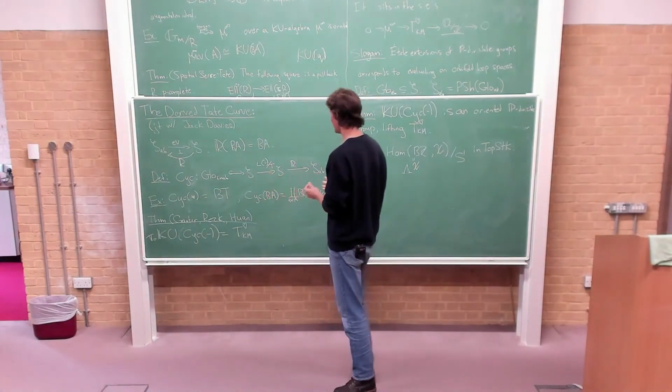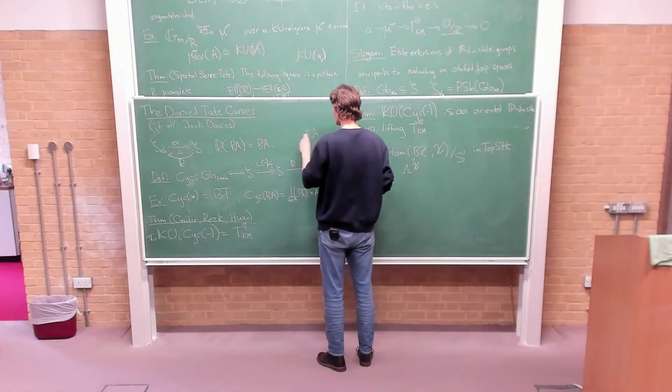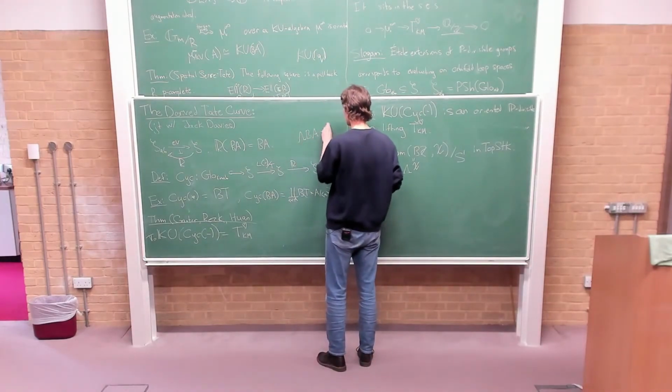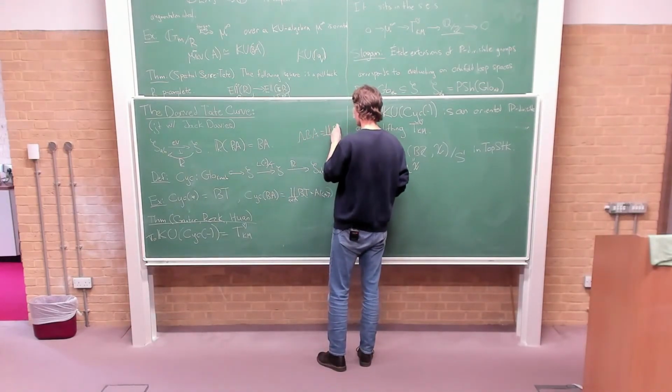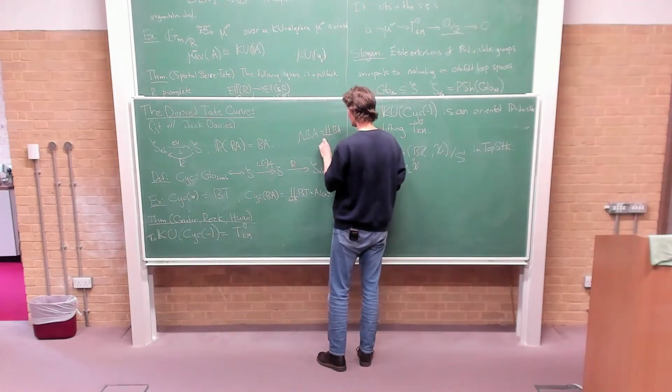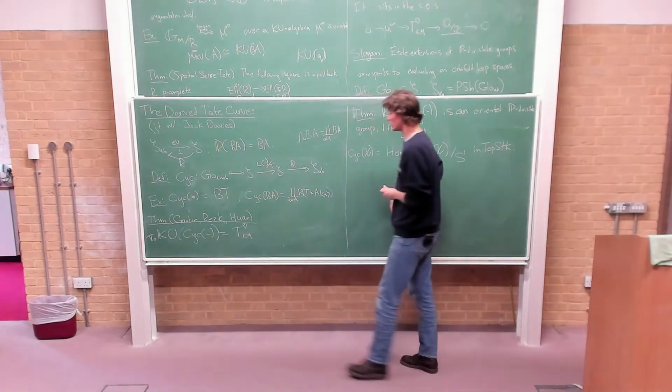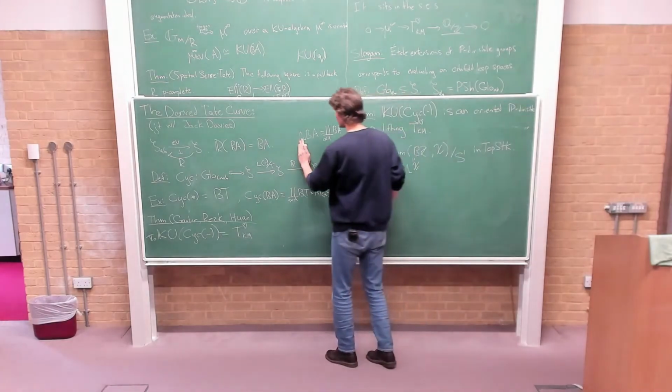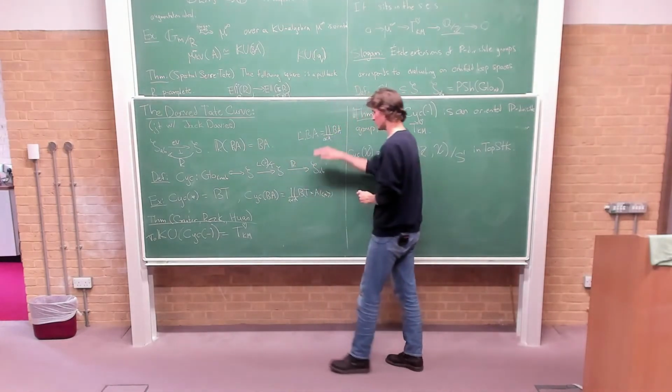If you take BA and you take its inertia stack, you precisely get this. And if you did this same construction, so I guess the loop space, that's actually what you get.